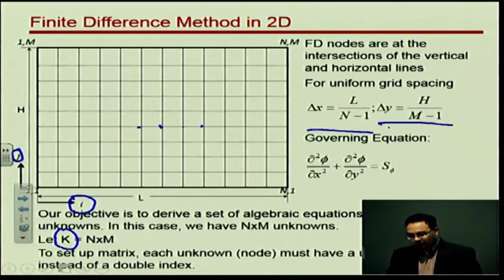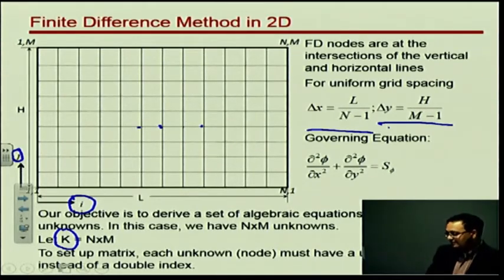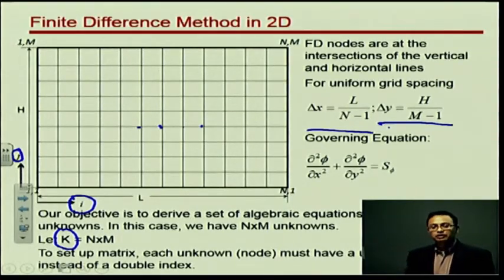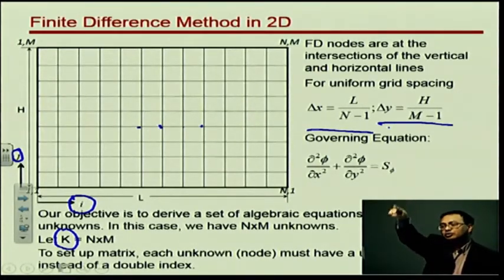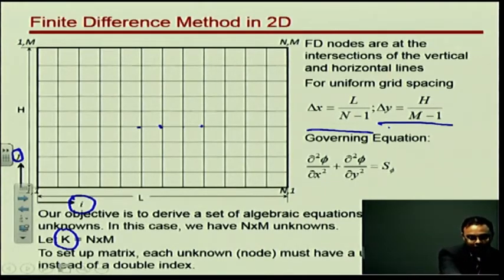Now, when we set up a matrix, let's say we do a finite difference of this equation and come up with our discrete equations and want to set up the matrix. That matrix should be set up in such a way that I have this unknown vector which goes from phi 1 through phi capital K. Let me give you an example.